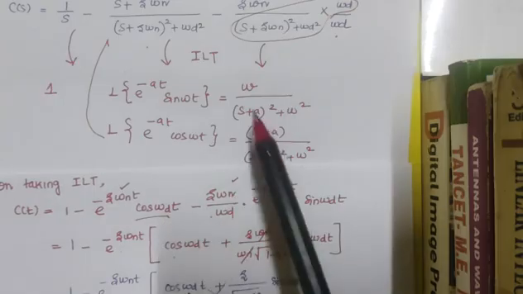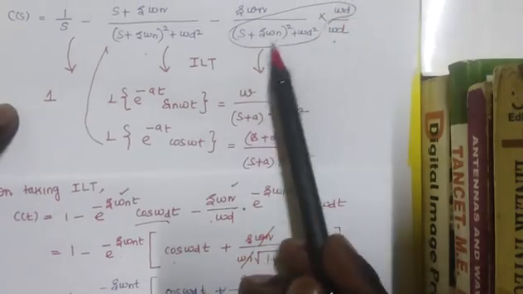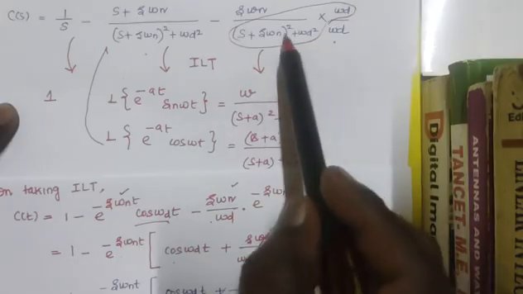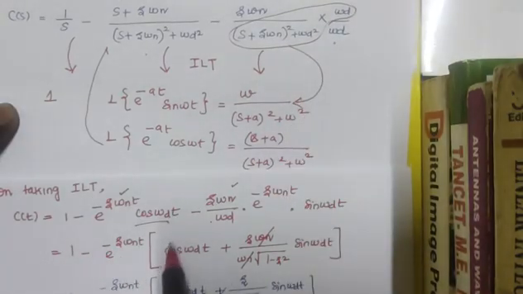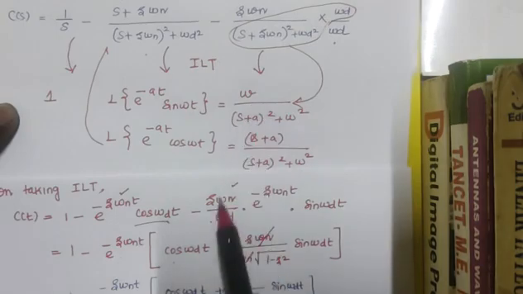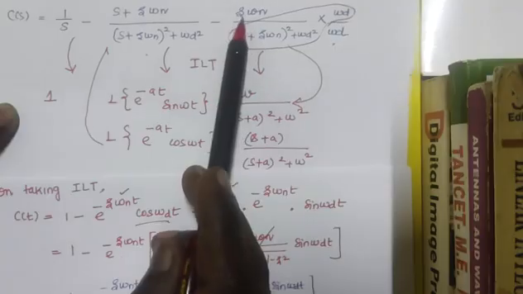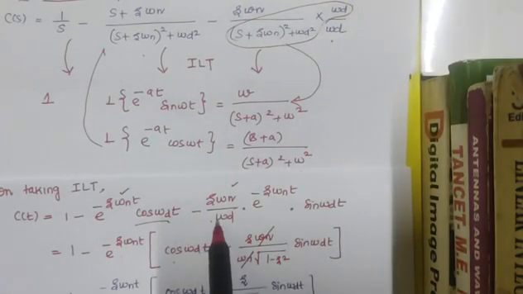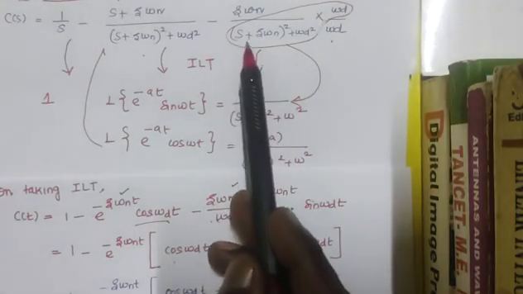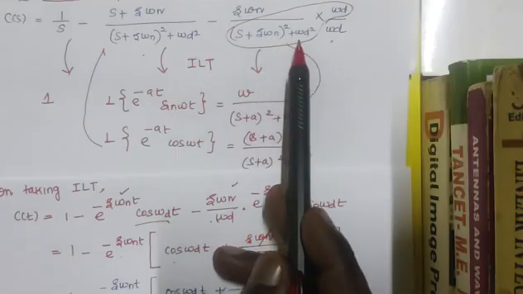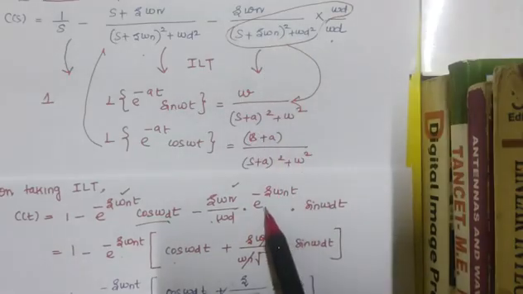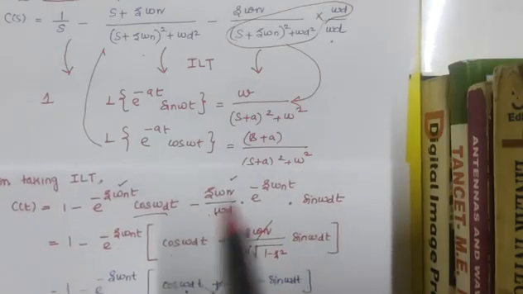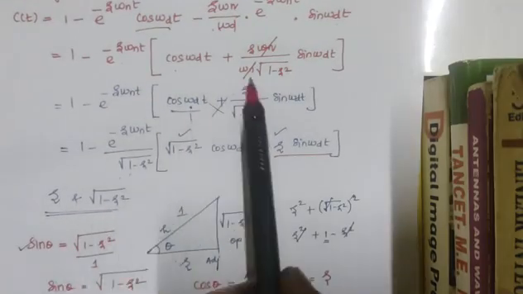Then here you keep omega d divided by s plus psi omega n the whole square plus omega d square. You can compare this with the earlier one. So you will get this psi omega n divided by omega d available here. Omega d divided by s plus psi omega n the whole square plus omega d square becomes e power minus psi omega n t into sine omega d t. I hope you are clear with this.